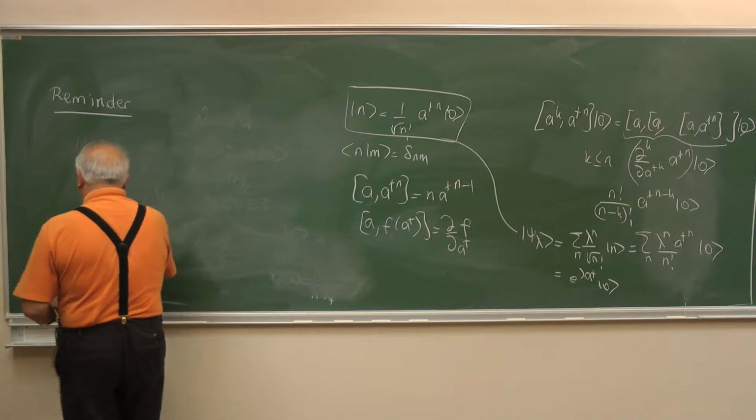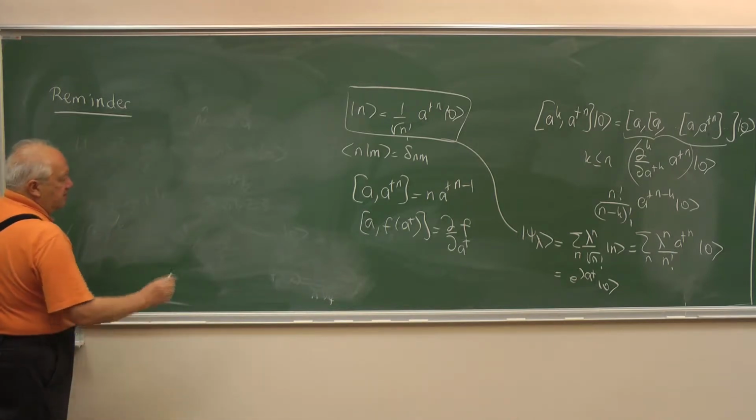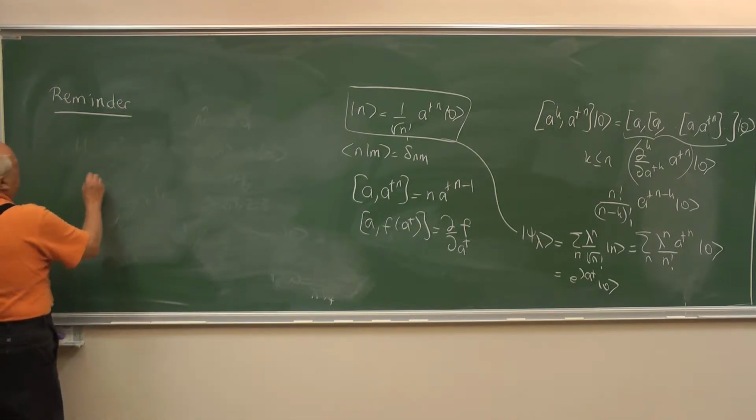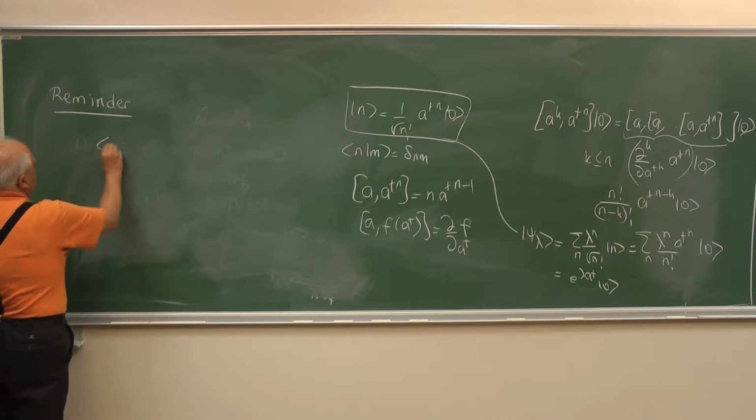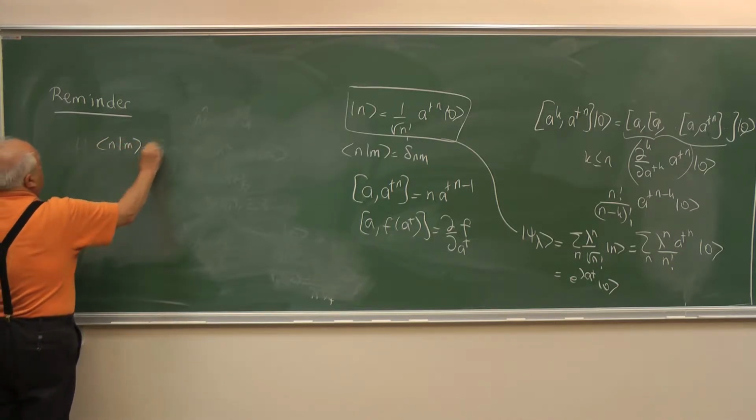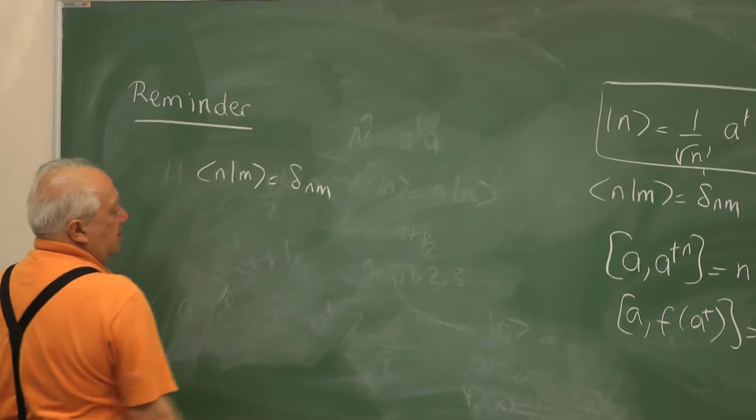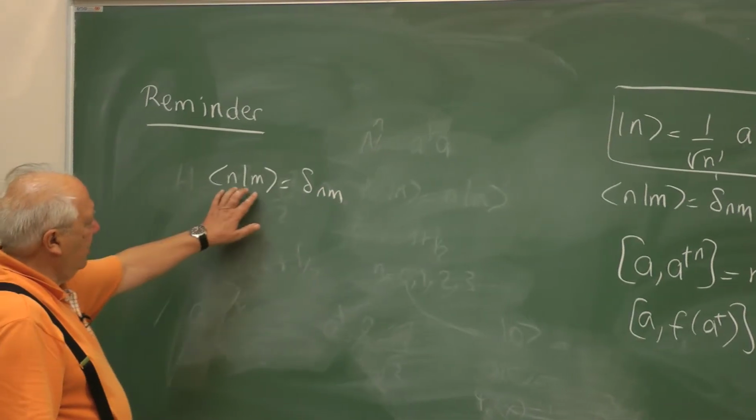Using the generating function psi lambda, we proved, for example, once more that <n|m> was delta nm, that these harmonic oscillator states were orthogonal.